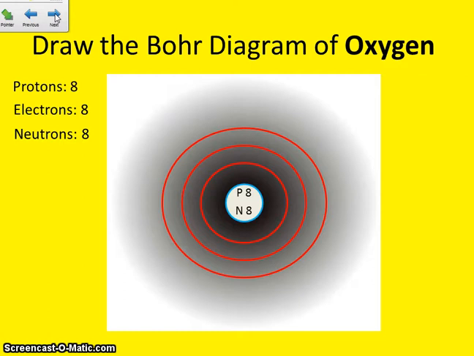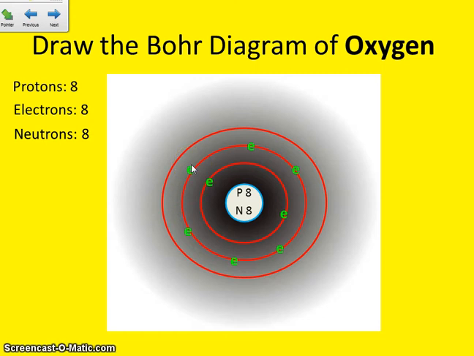Electrons are going in the rings. So first 2 of our electrons are going to fit in that first ring. Now that ring can only hold 2, so we start spilling over into the second ring. And our third electron will go there, 4th, 5th, 6th, 7th, and 8th. Total in the second ring, we have 6 electrons.